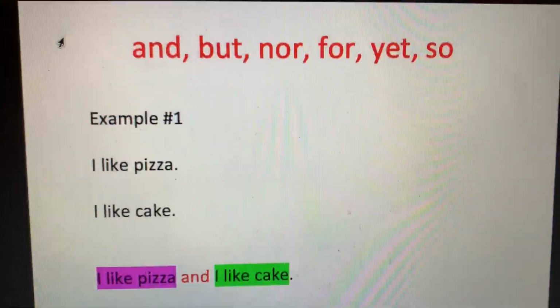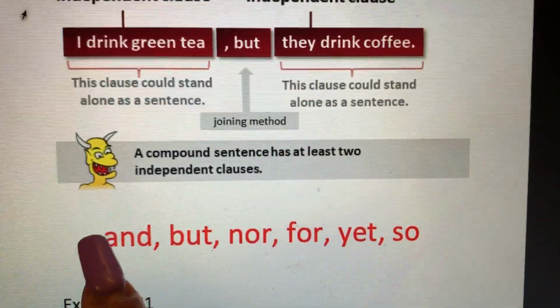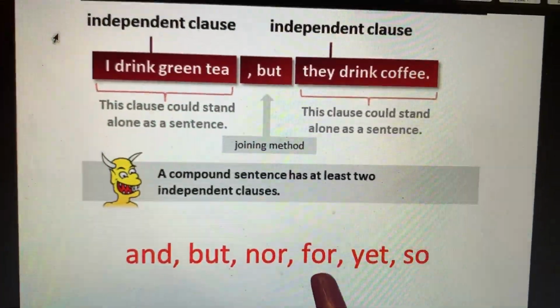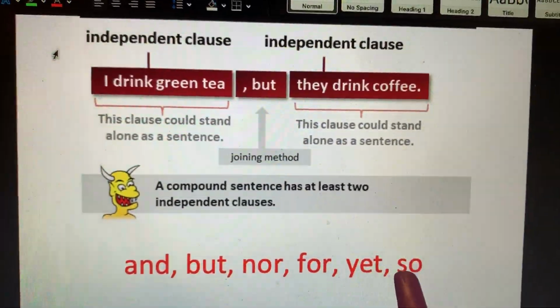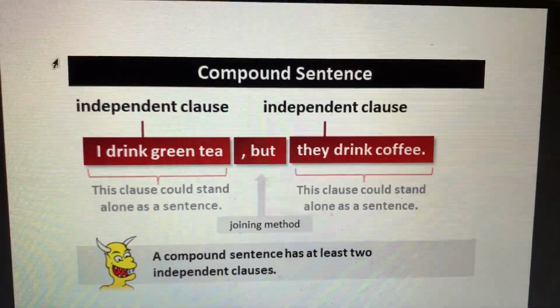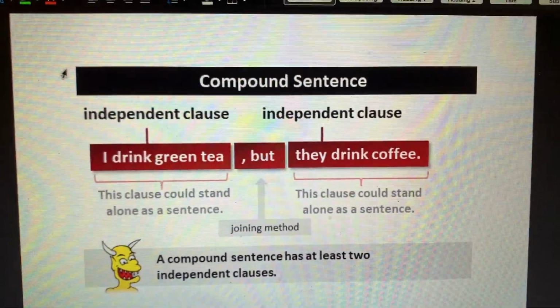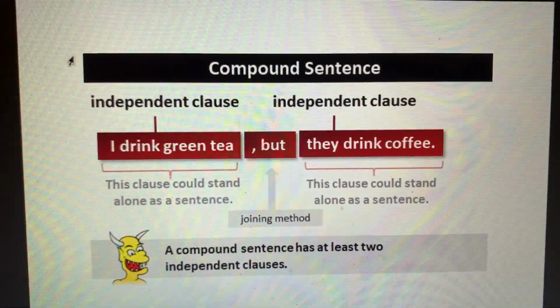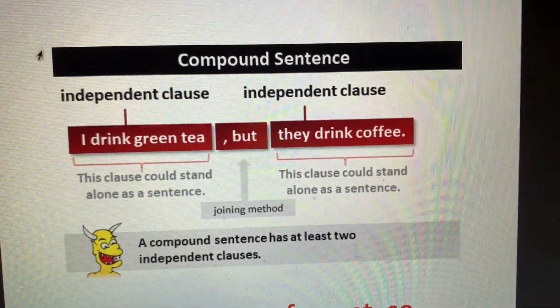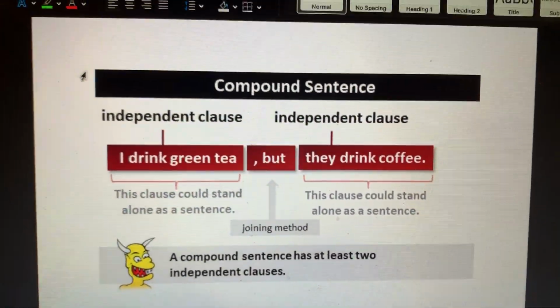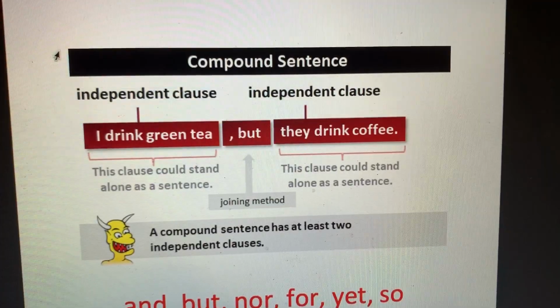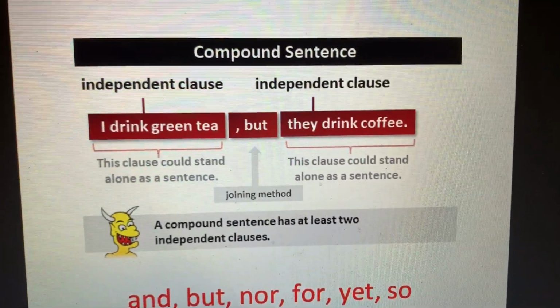But let's go back and review once more our joining words. We have and, but, nor, for, yet, and so. Okay? And a compound sentence, once again, is two independent clauses that are joined together by one of our key words. Okay, so that was our quick mini lesson on compound sentences for today.